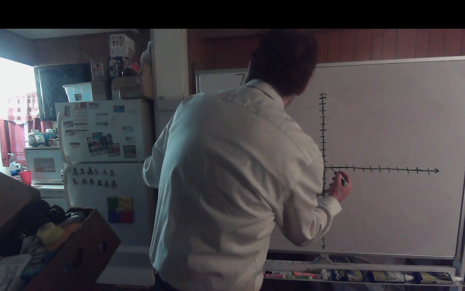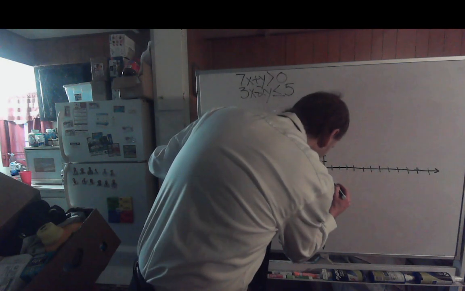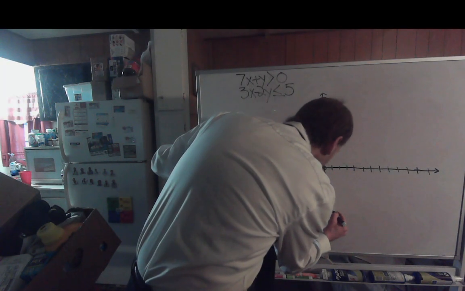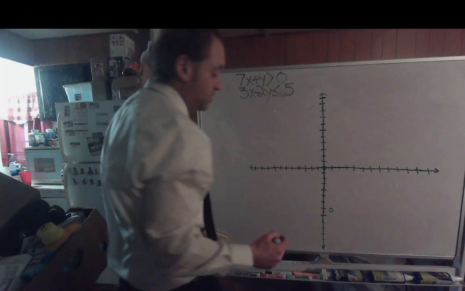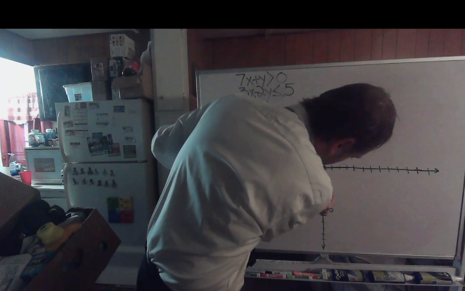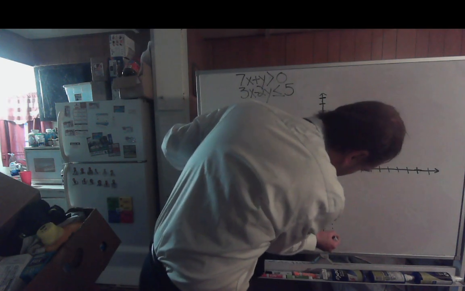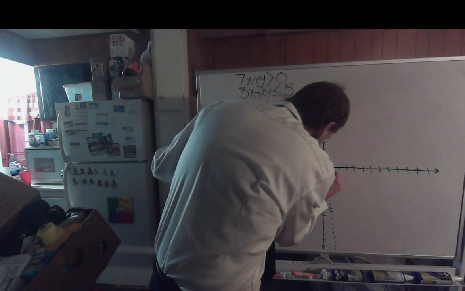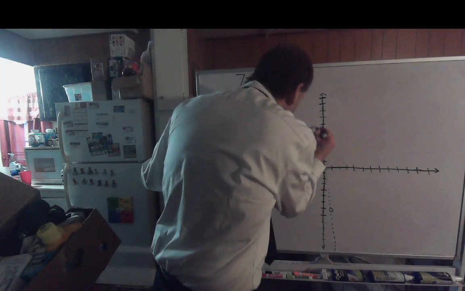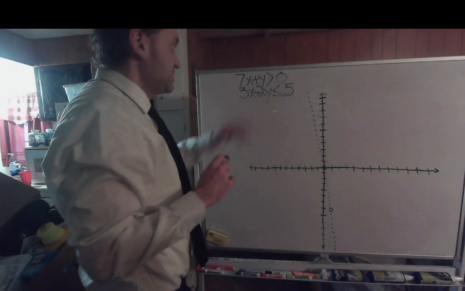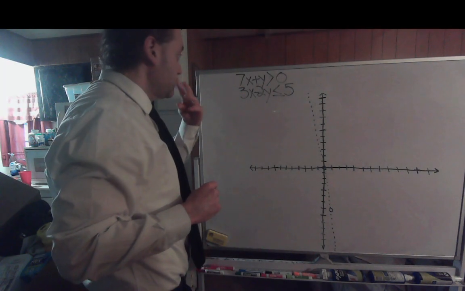That'll end up putting me right here with another open circle since that's not part of the solution. Then just draw your dotted line through the 2 points. So there's your dotted line there with 7x plus y is greater than 0.